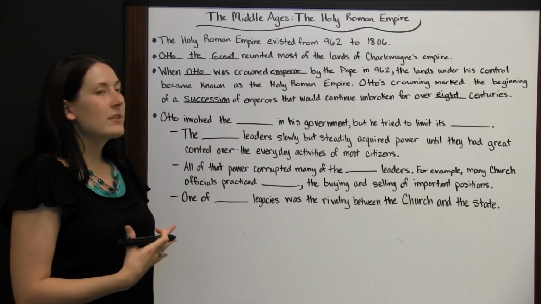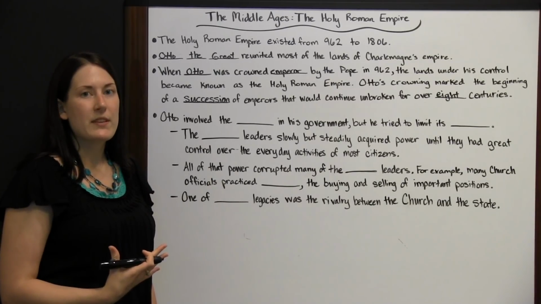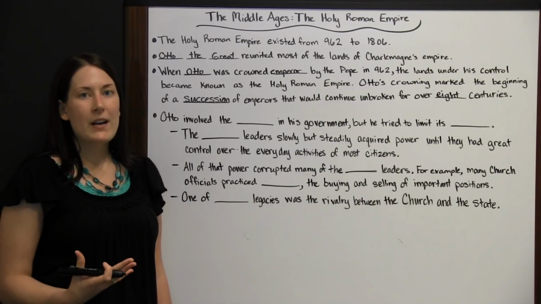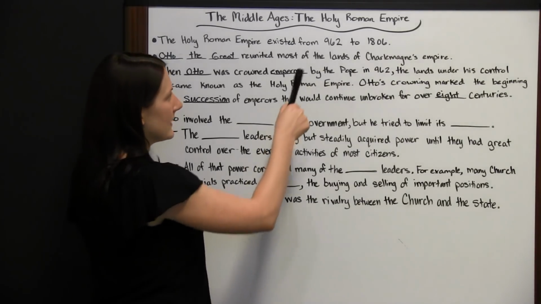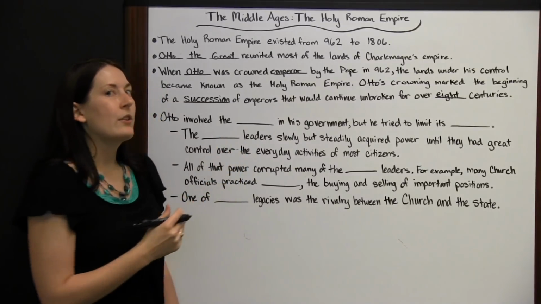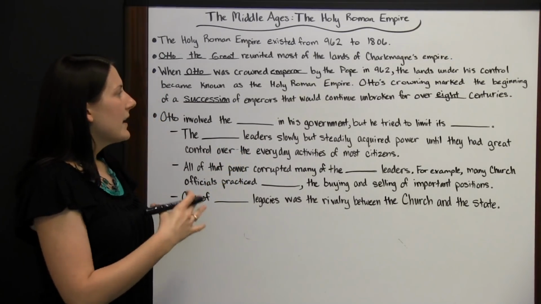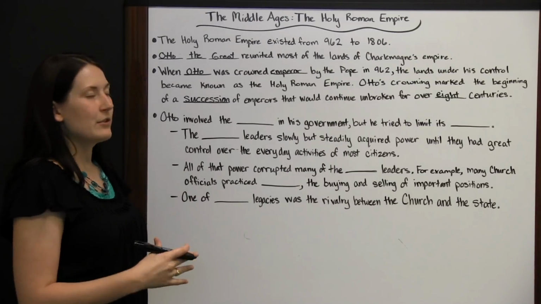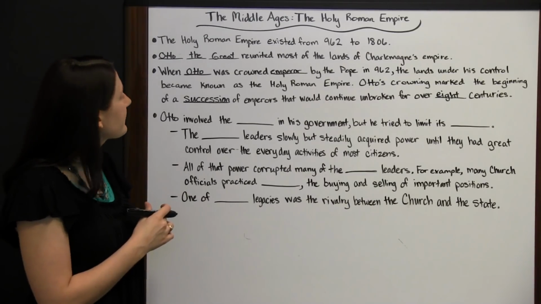So Charlemagne was also crowned by the Pope and was the first Holy Roman Emperor, but the Holy Roman Empire isn't considered to exist until 962 when Otto the Great is crowned emperor. And from then on, there is an unbroken line of succession of emperors for over 8 centuries.